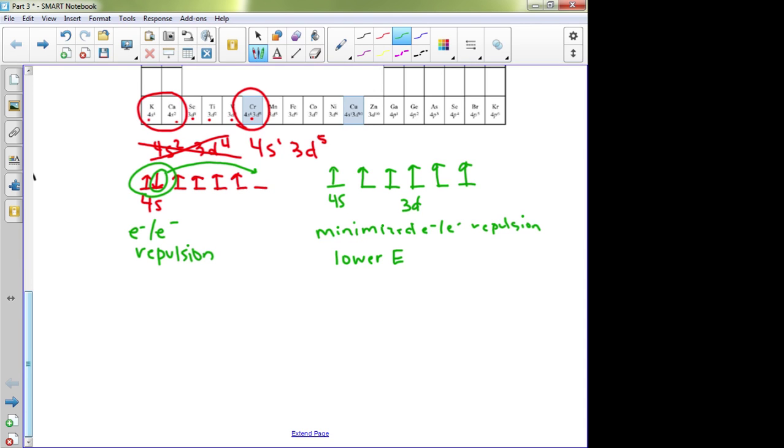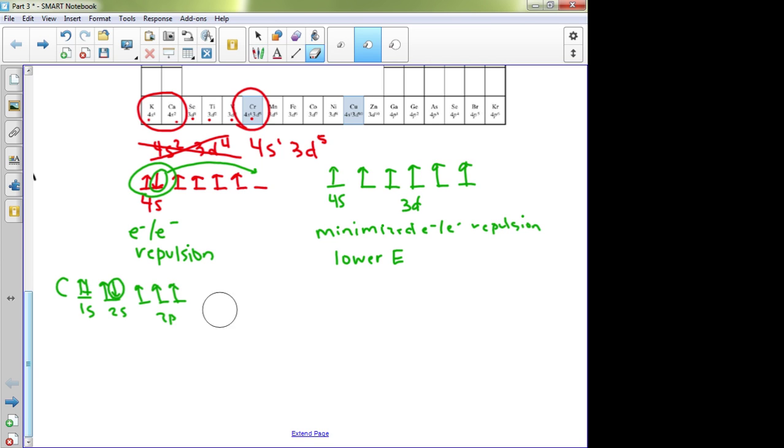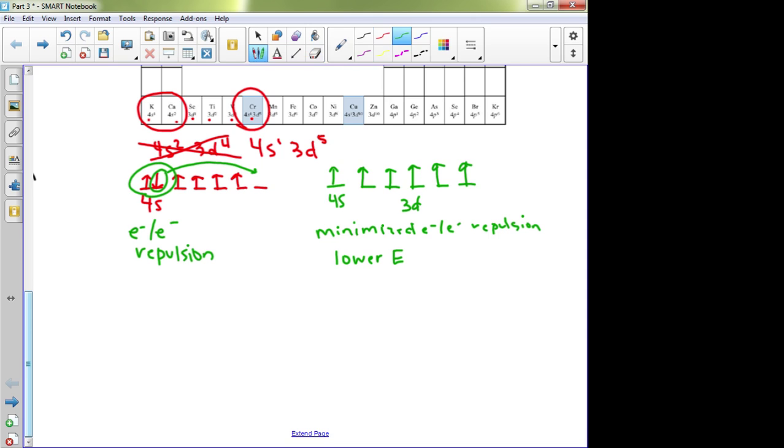Yes. That's why when we just did that CH4 earlier, when we did that hybrid orbital, that's why carbon, which is 1s, 2s, 2p, when it bonds, it always takes this one and pulls it up. So if there's an extra one to fill, it's going to do it. There's no exception on that.